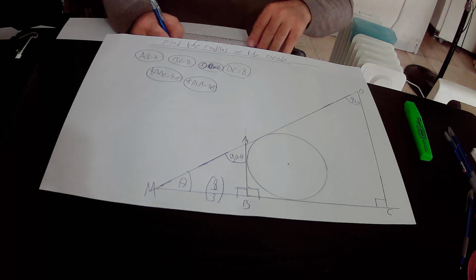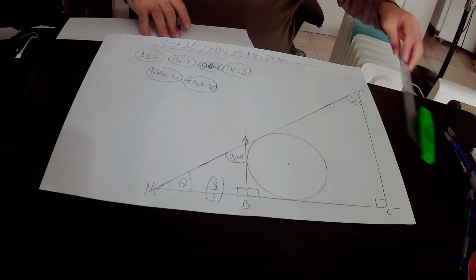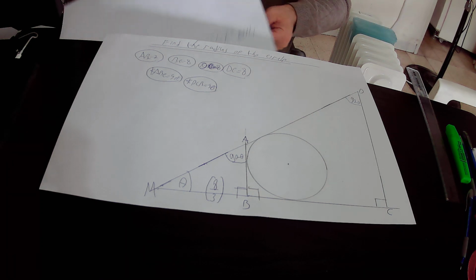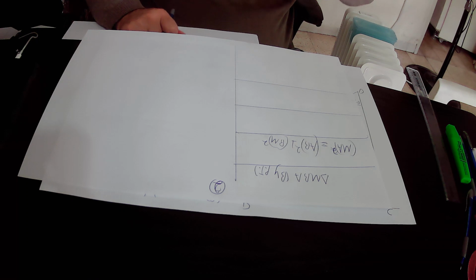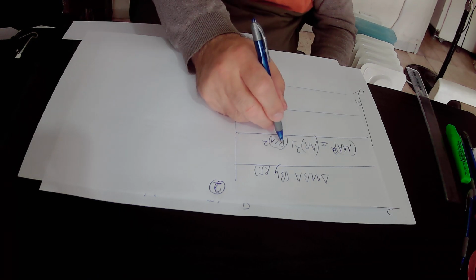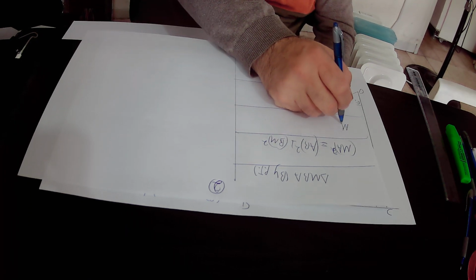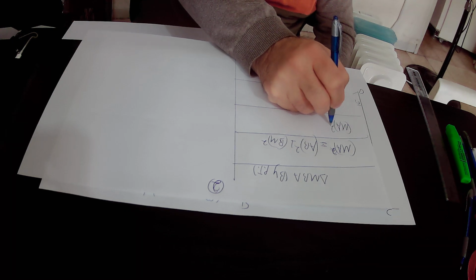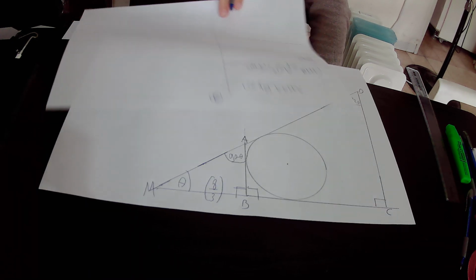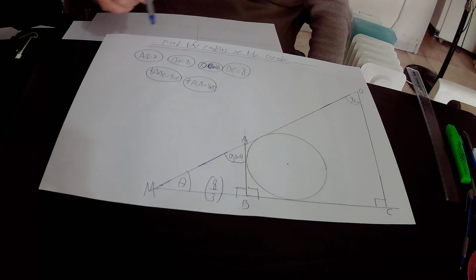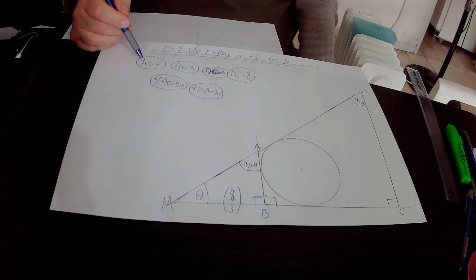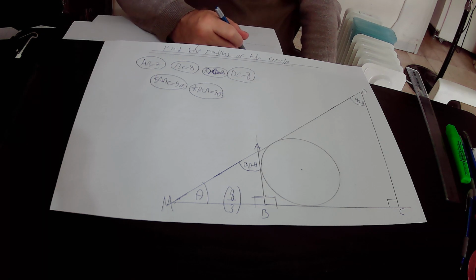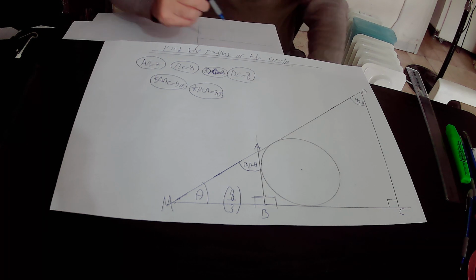Repeat again. According to the Pythagoras theorem in the right triangle MBA, MA squared equals AB squared plus BM squared. So MA squared, that is the square of the hypotenuse, equals AB squared. AB is 2, according to what is given in the question, so AB squared is 2 squared, that is 4, plus BM squared.